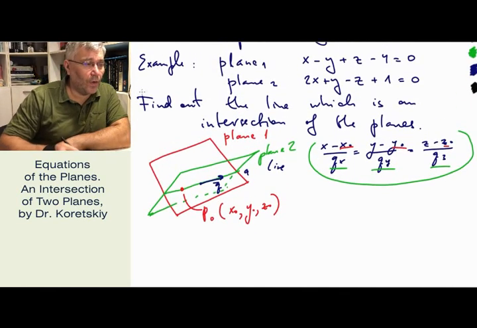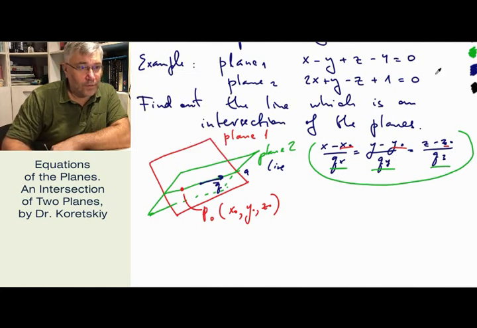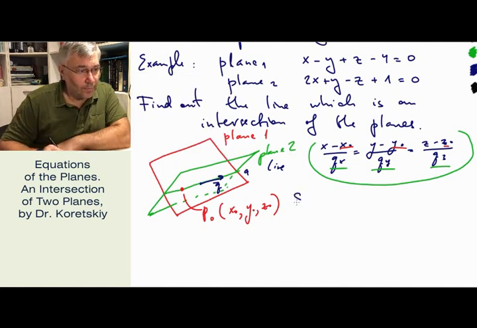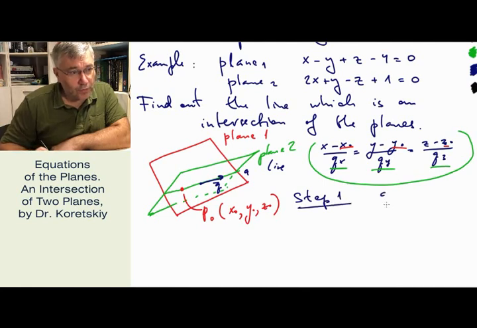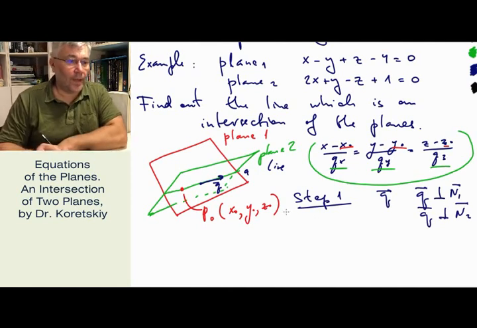The first step: we have to know qx, qy, and qz. It is very easy to calculate vector q. Vector q is perpendicular to the vectors n1 and n2, the normal vectors to the planes.